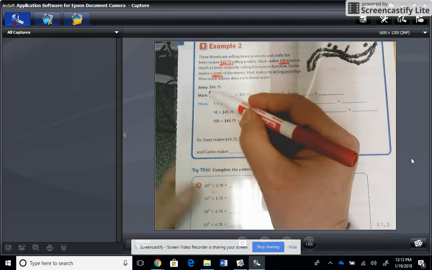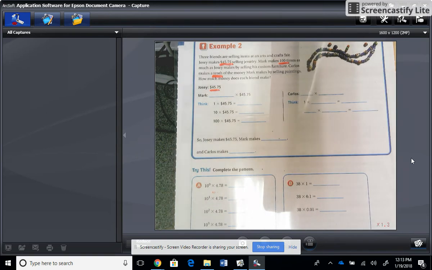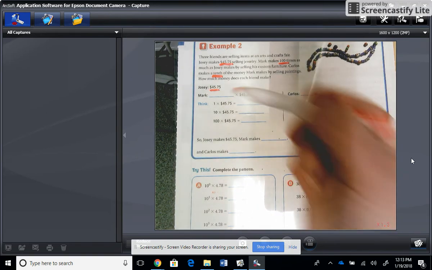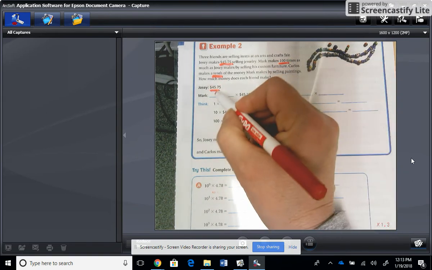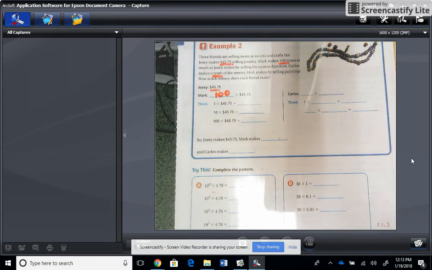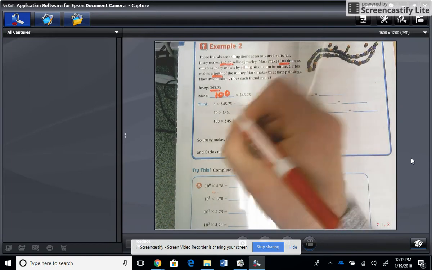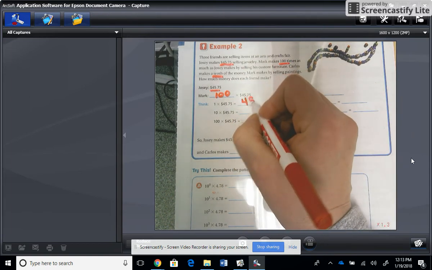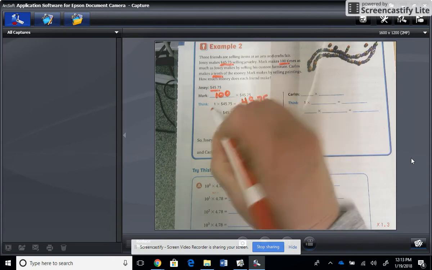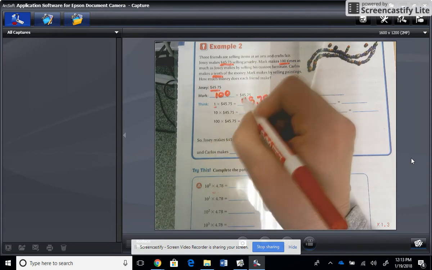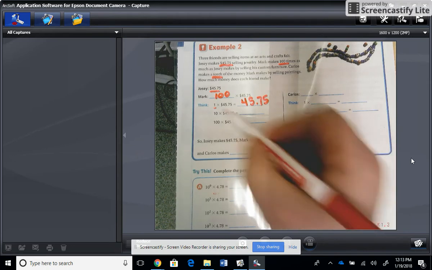So first of all, what do I know? I know Josie makes $45.75, and I know Mark makes 100 times as much as $45.75. So I'm just going to quickly go through the pattern because this is so new for me. I remember that I just write the digits, and when I take it times 1, identity property, it stays the same.